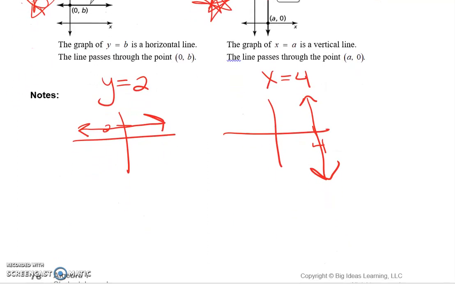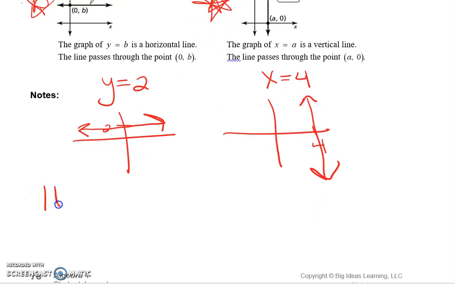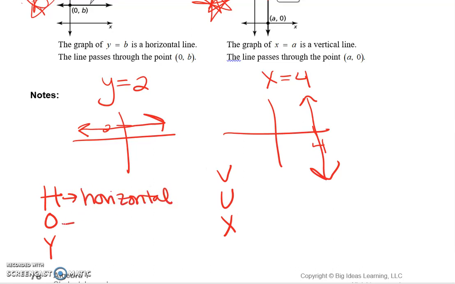The way we like to give you a little shortcut to memorize is by these two sayings. One of them is HOY and the other one is VUX. HOY is a horizontal line. It has a 0 slope. If you remember from last year, a slope going from side to side is a 0 slope. And it is in the form of y equals.